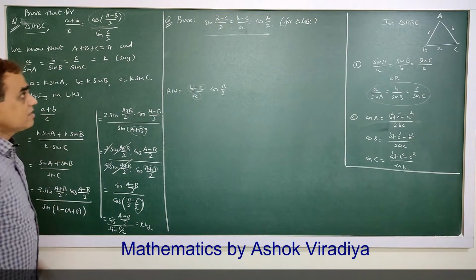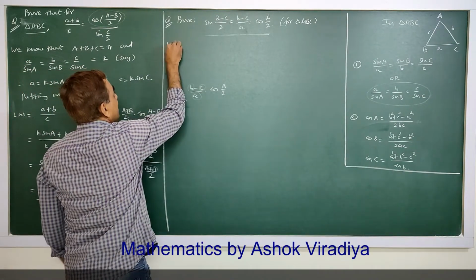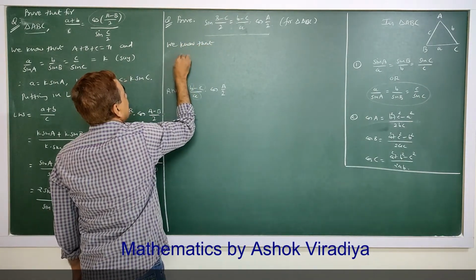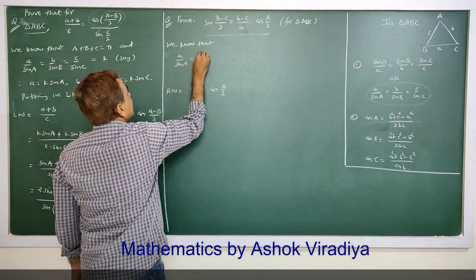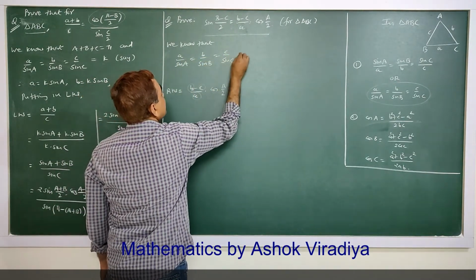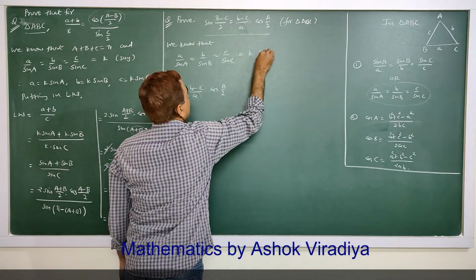So again, in this question also we know that a upon sine A equals b upon sine B equals c upon sine C, and suppose this is equal to k.